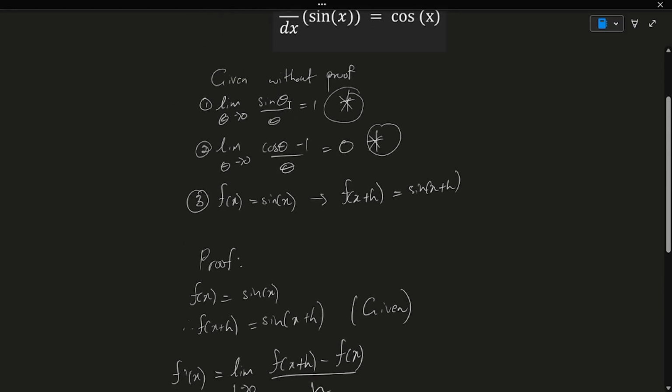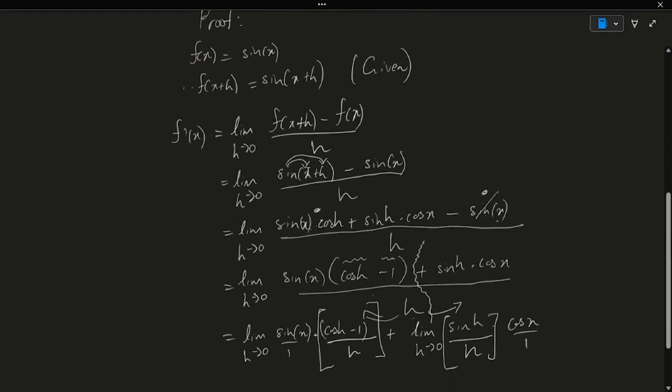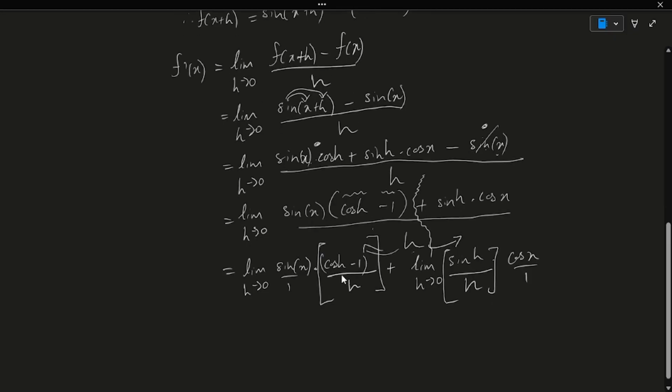We have sine of theta, in this case h, divided by h, and cos of h minus 1 divided by h. Look at this, right? So we have something similar. Now we just need to find a way to bring the limit here, and here the limit is fine, right?